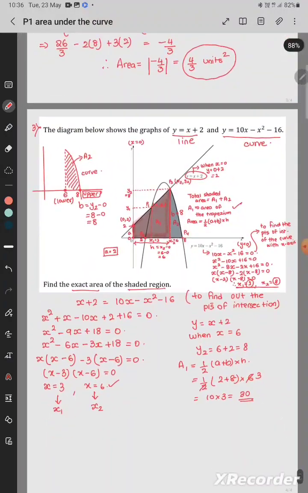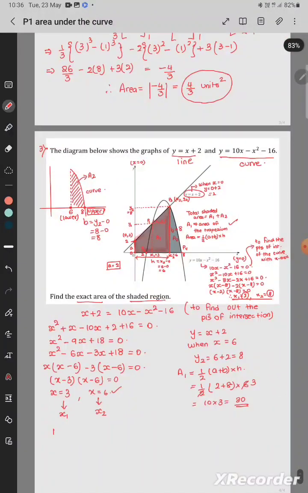So now to find out A2 we have to use integration. Upper limit is now known, which is 8. Lower limit is 6. Integral of y dx, where y will be the equation of the curve. So integral from 6 to 8 of 10x minus x squared minus 16 dx.